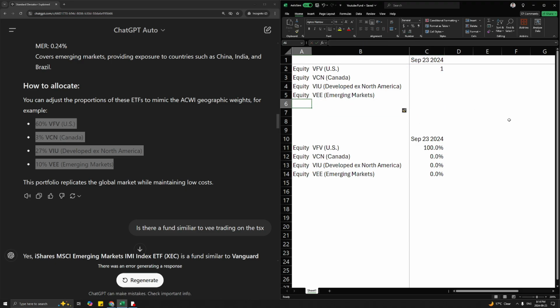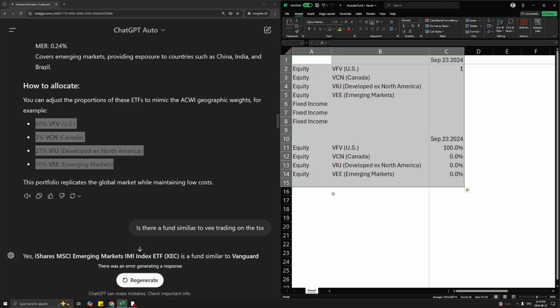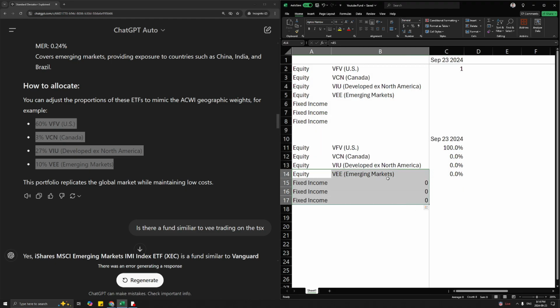So I already picked out my 7 initial funds, right? Fixed income, so 3 of them. And let's drag this down a little bit.